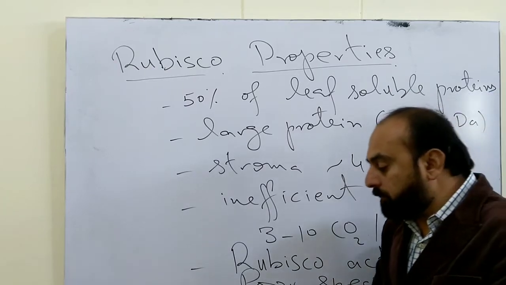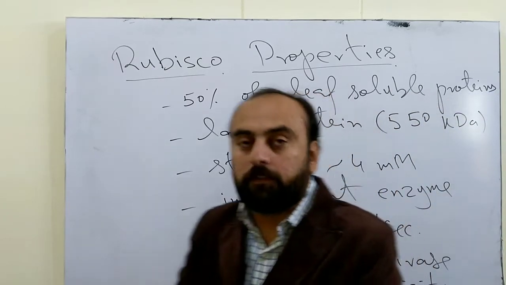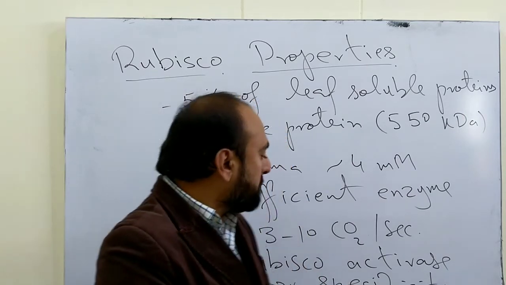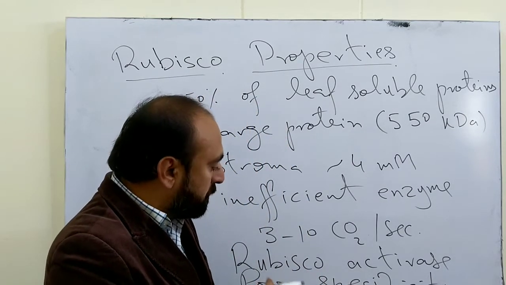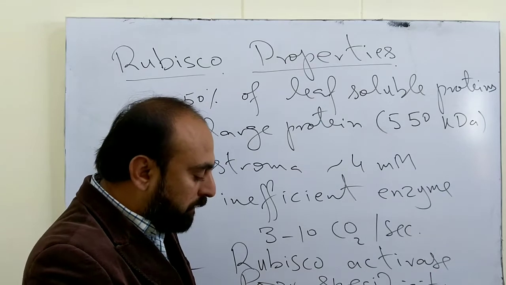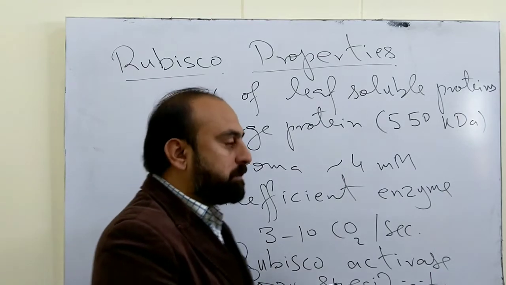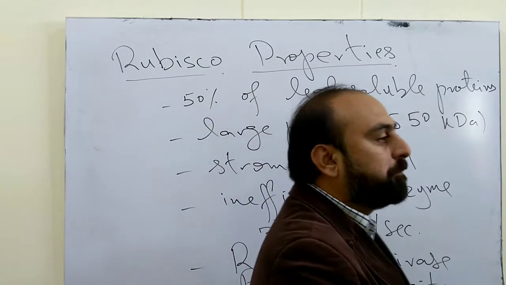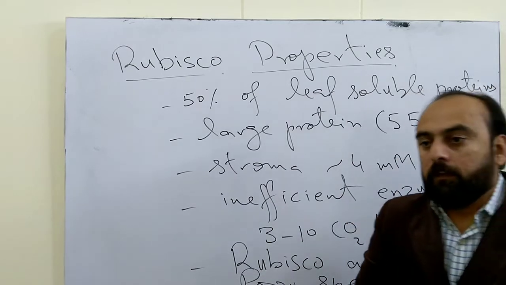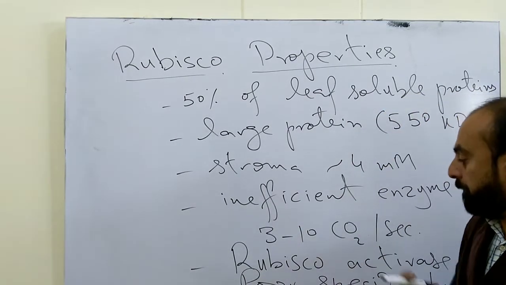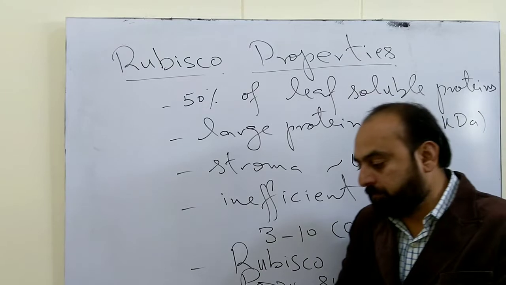With the development of oxygenic photosynthesis and the increase in the concentration of oxygen in the atmosphere, Rubisco has become a victim of its own virtues.